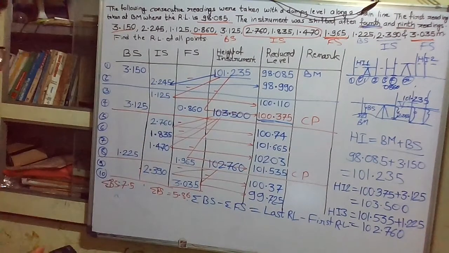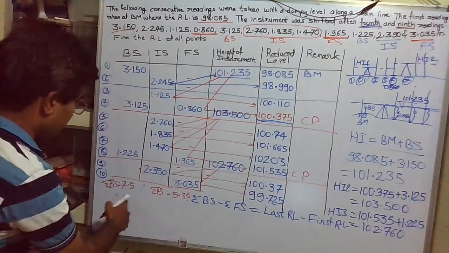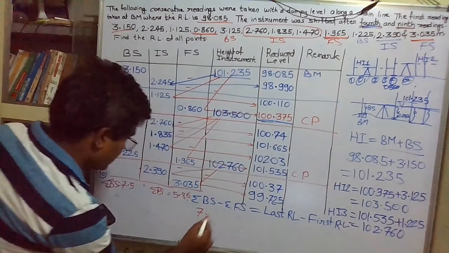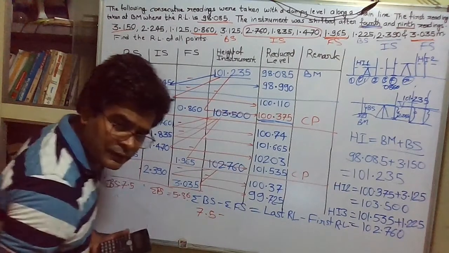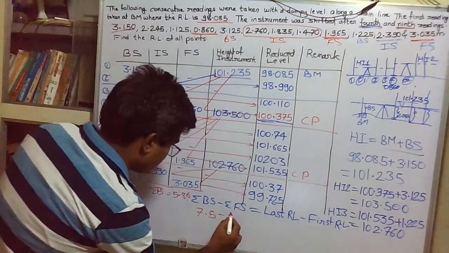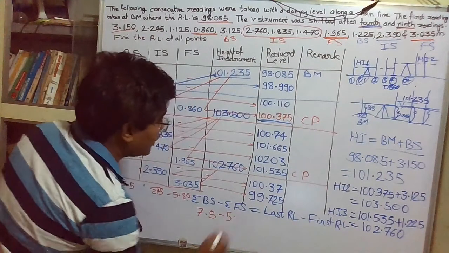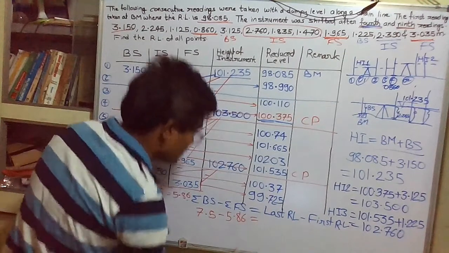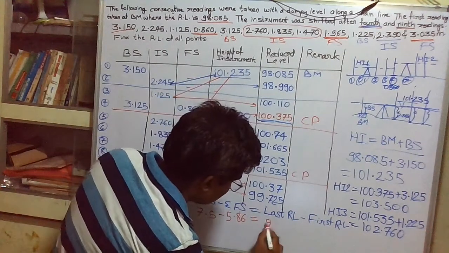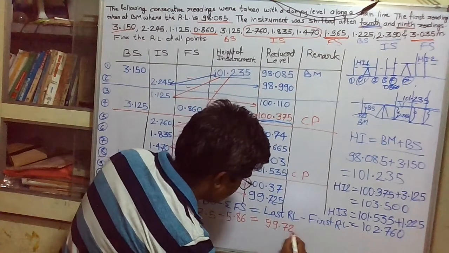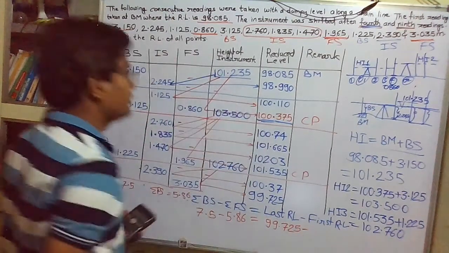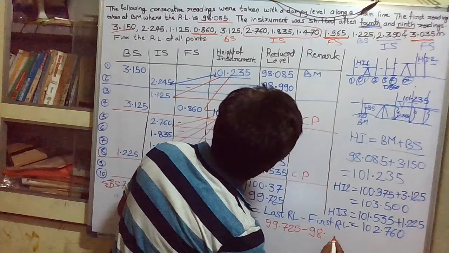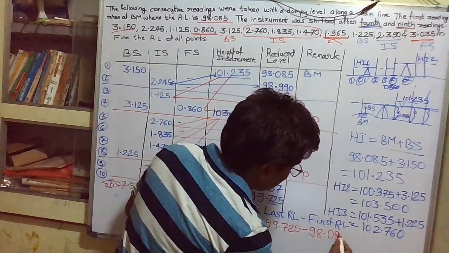What is the summation of backside minus foresight? It is 7.5 minus 5.86. It should be equal to the last RL, 99.725, minus the first RL, 98.085.